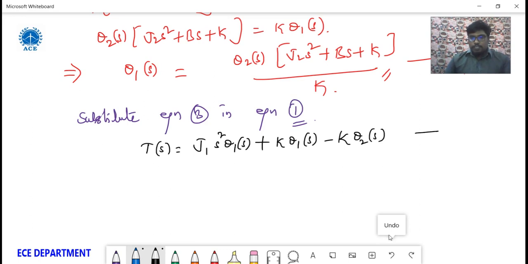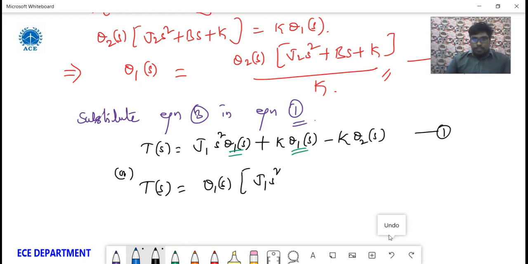I can write this as T of s is equal to, taking theta 1 of s common outside, theta 1 of s times (J1 s square plus k) minus k theta 2 of s.